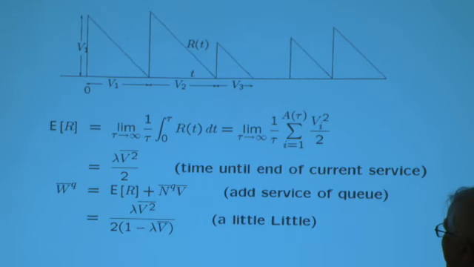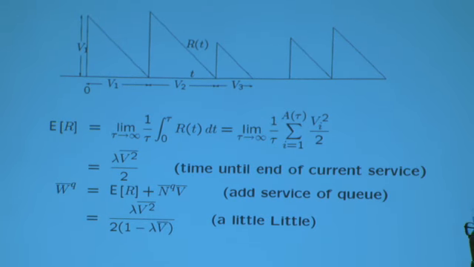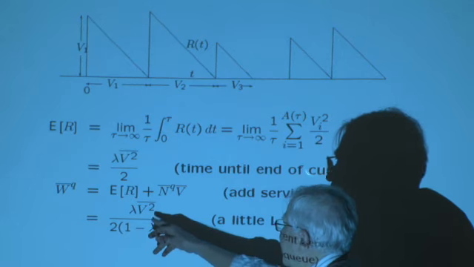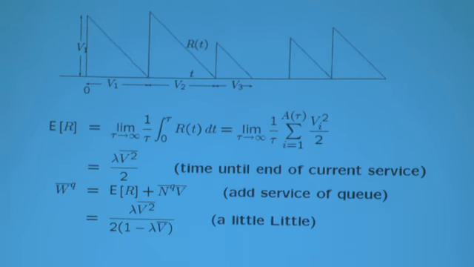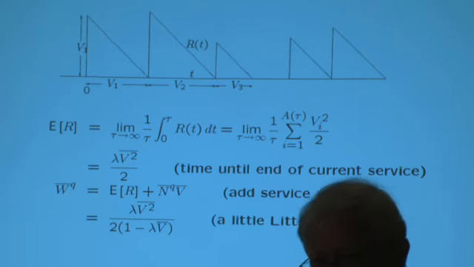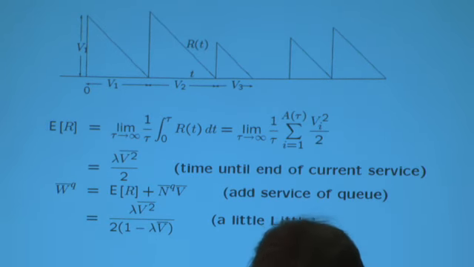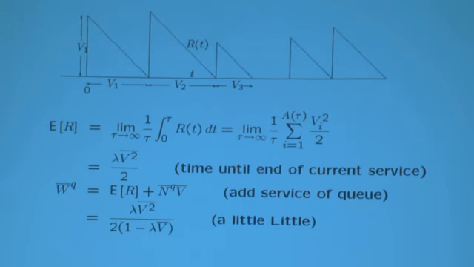So you can take this over on the other side, and this gives you lambda v squared over 2, which is this term. I'll do it at the board.